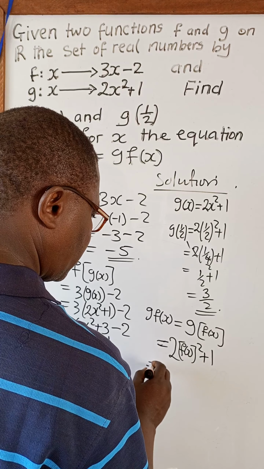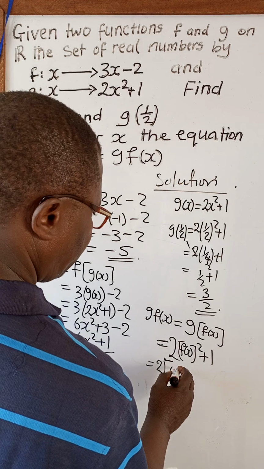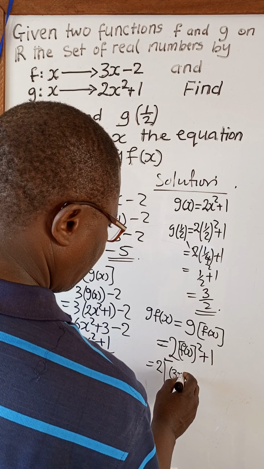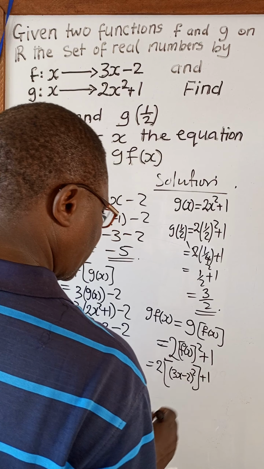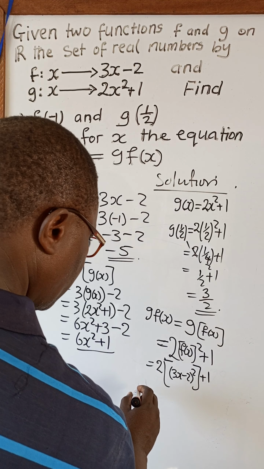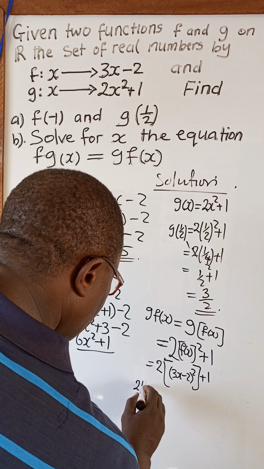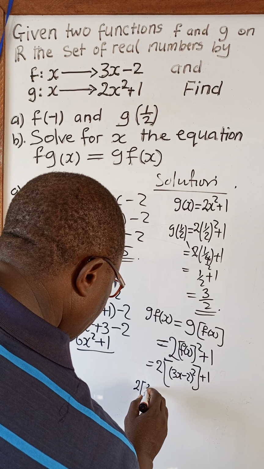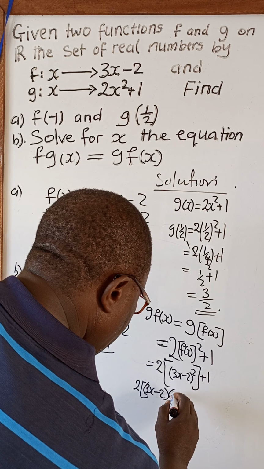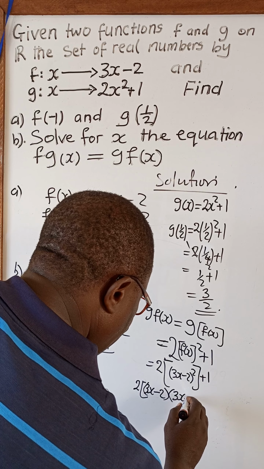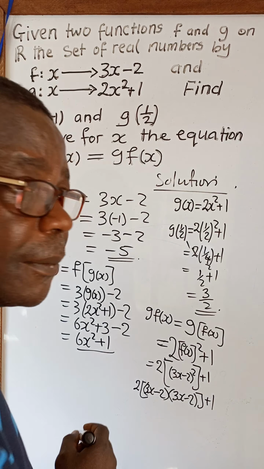Okay, so this gives us 2 into f of x, which is 3x minus 2, all squared, plus 1. And so we write it out. This will be 2 into 3x minus 2 times 3x minus 2, plus 1.